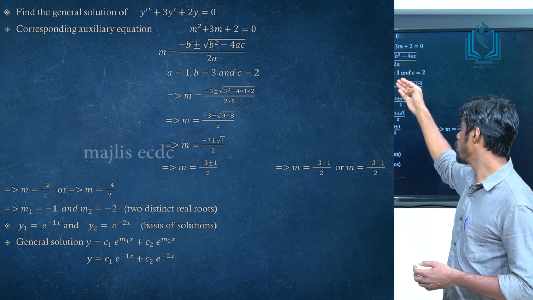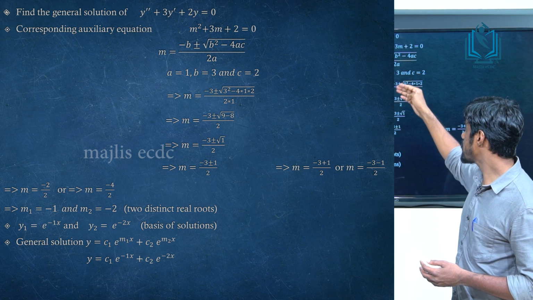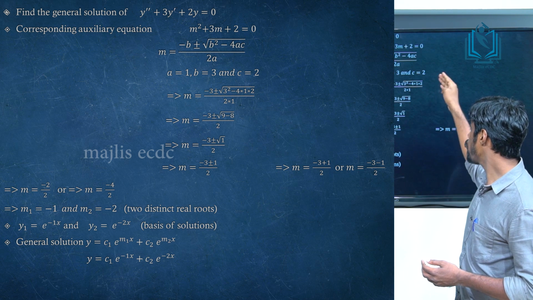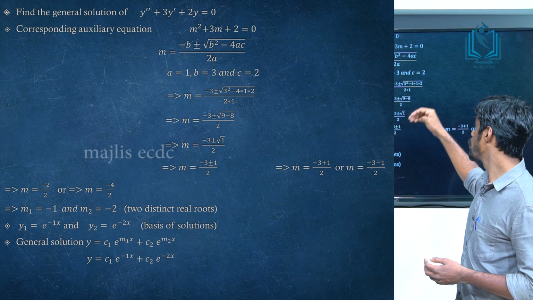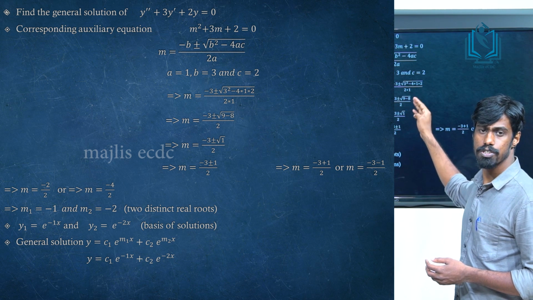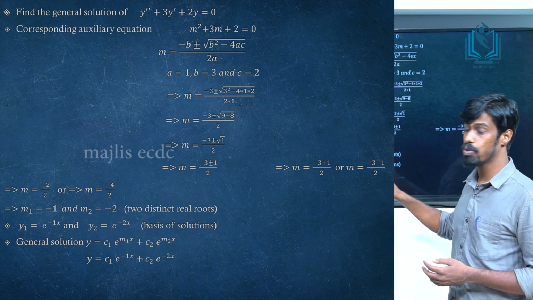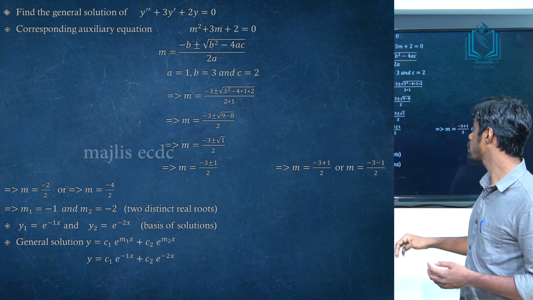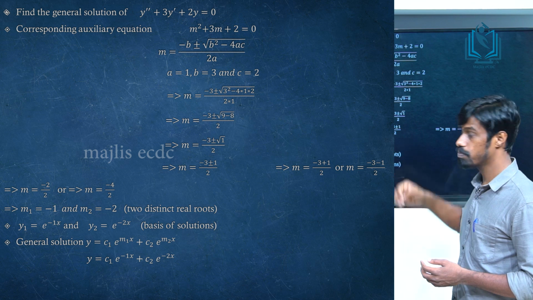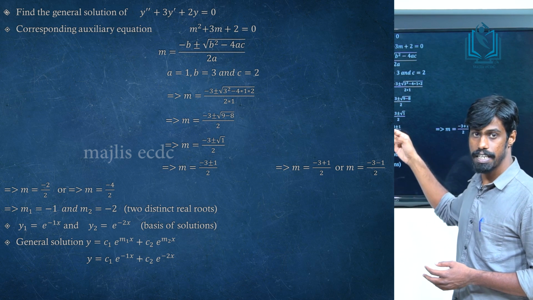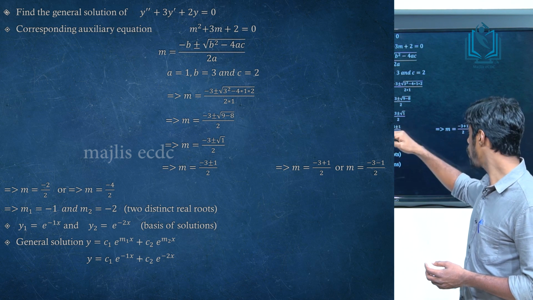Substituting these values, we get m is equal to minus 3 plus or minus root of 3 square minus 4 into 1 into 2, all divided by 2 into 1. That implies m is equal to minus 3 plus or minus root of 9 minus 8, all divided by 2. Then m is equal to minus 3 plus or minus root 1, all divided by 2.